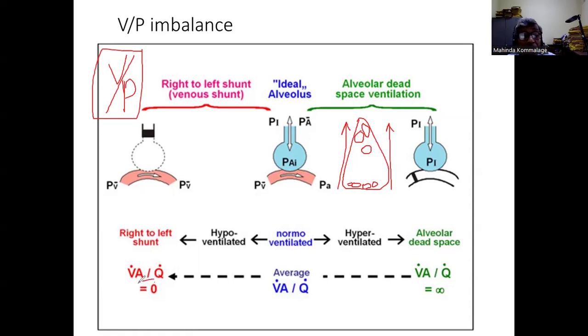Ventilation perfusion ratio becomes 0. The VQ ratio becomes 0 because the upper value, that means ventilation, is 0. If the upper value is 0 or low, the VQ ratio is reduced. In some other alveoli, you can see ventilation is good, perfusion is not good, obstruction. That means this value is low. So the ventilation perfusion ratio is very high.